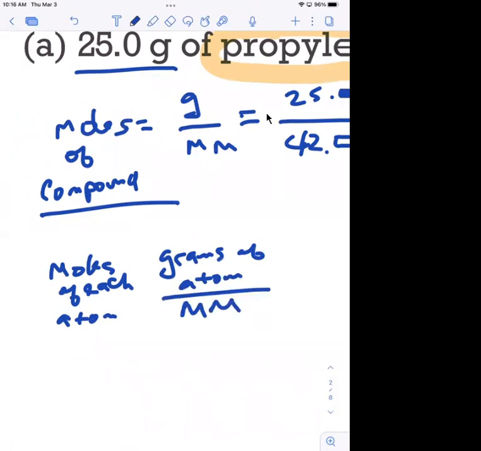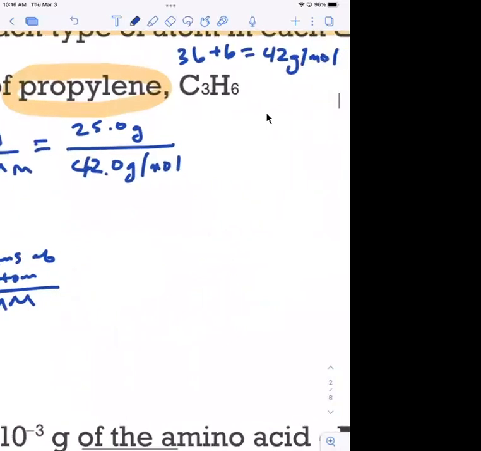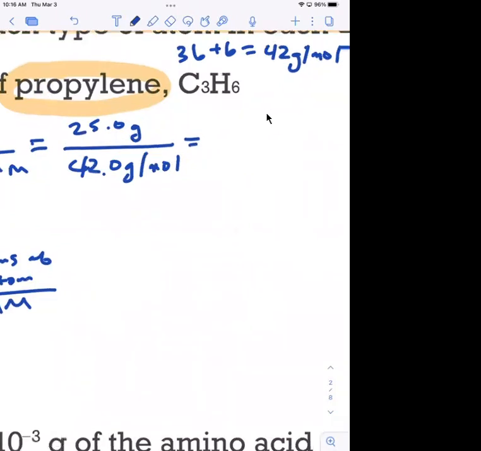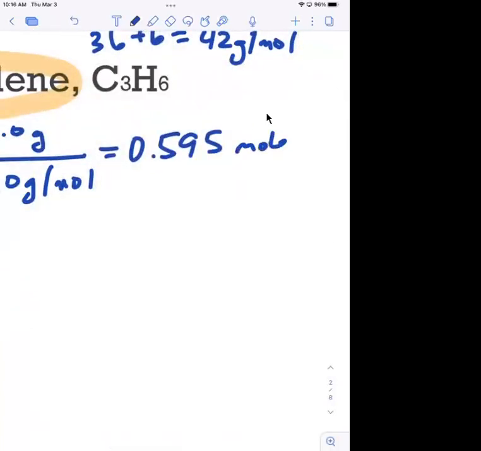We can figure out the grams of atoms, but first, let's get this calculation finished. So what do you get for 25 divided by 42? Because that's the first calculation we need to do. I got 0.595 moles. Let's go with that. All right.